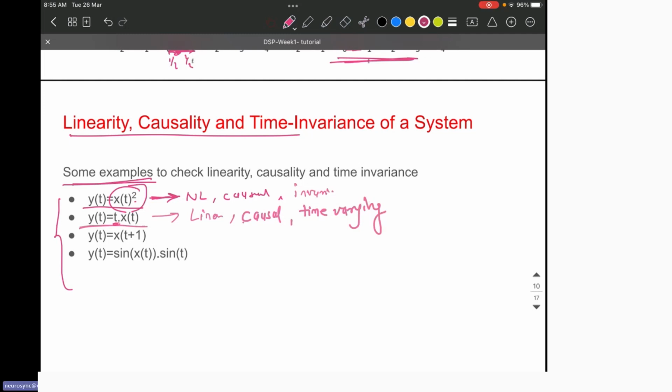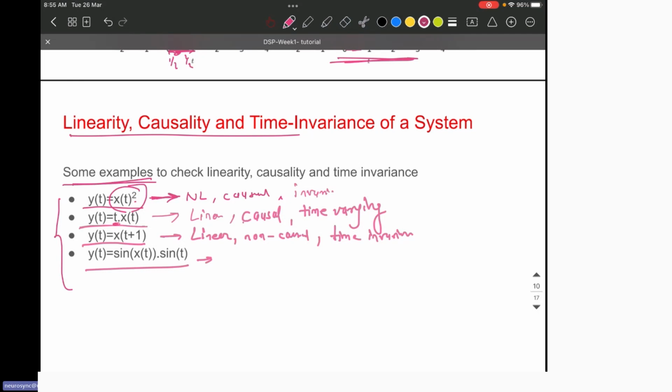Okay. What about the third system? Is this system linear, causal or non-causal? Right, non-causal. What about the time variant or invariant? Then this final system example.